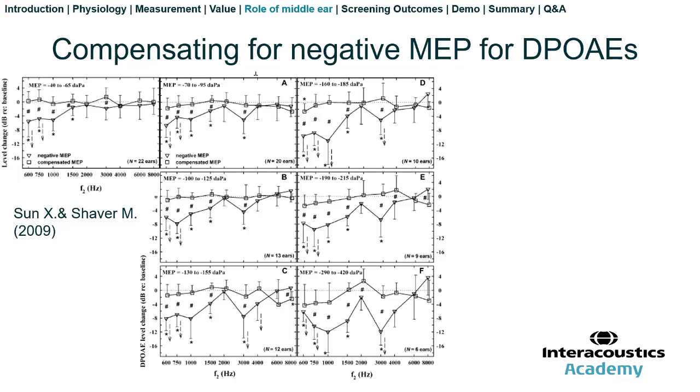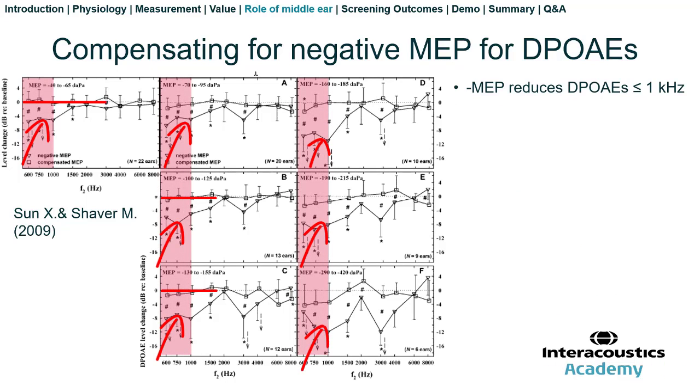The graphs are shown in exactly the same format as the previous Sun study that I discussed, and they found that negative middle ear pressure does reduce distortion products when you use an F2 frequency below 1 kilohertz, which is all shown as this line here relative to baseline for pretty much all of the ranges of negative peak tympanic pressure.